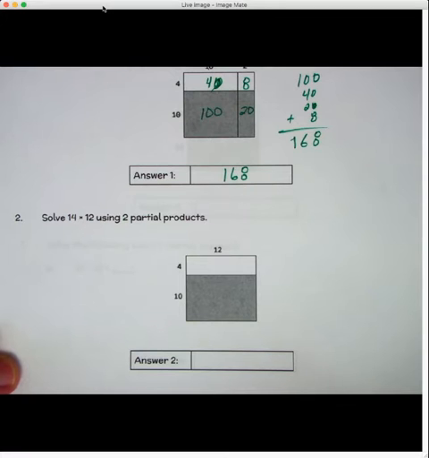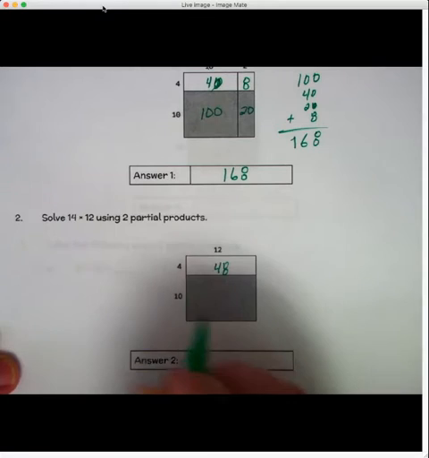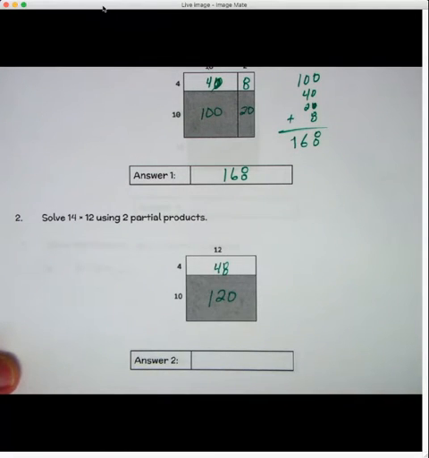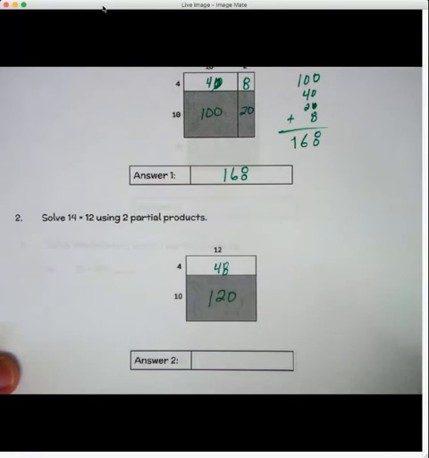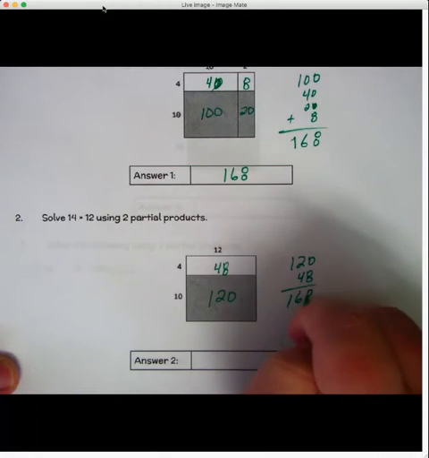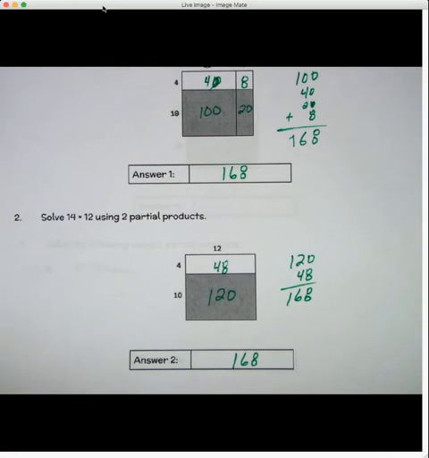We can still do it this way. We've just got to do 4 times 12 is 48. 10 times 12 is 120. All right, so you just multiply this place times that place, this place times that place, and you get 48 and 120. And we're going to add those 2 together, and we'll get 168.